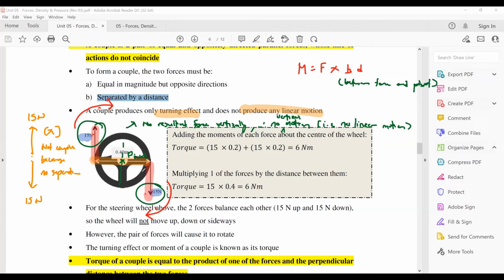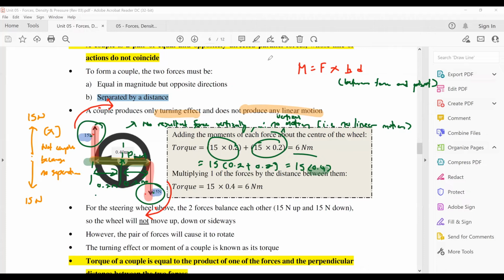If this is your pivot, this one was 0.2 meter. This one will also be 0.2 meter. So this will be 15 times 0.2 plus 15 times 0.2, giving you 6 Newton meter. But you notice one thing, if you try to simplify this further, it's the same as 15 times 0.2 plus 0.2, which in turn is 15 times 0.4.